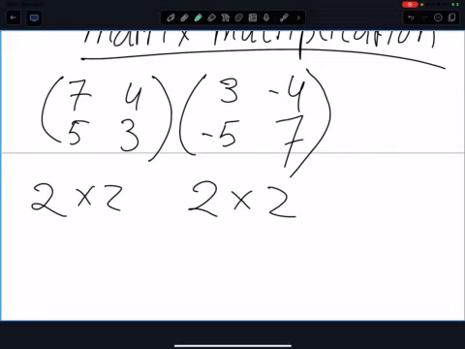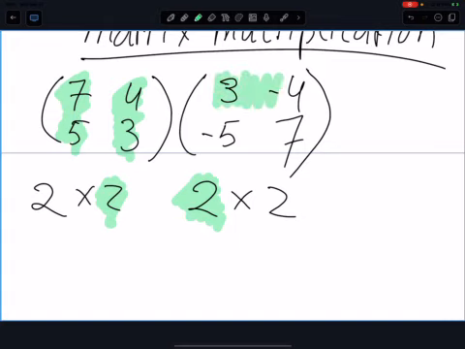So these two need to be the same. The columns of the first have to match the rows of the second one, or else they cannot be multiplied.